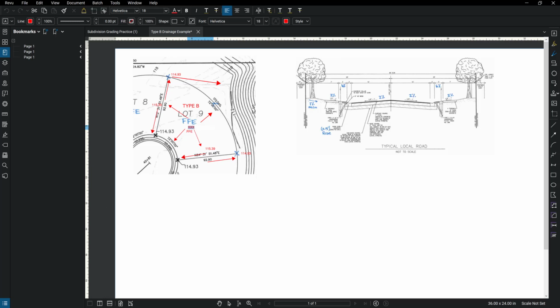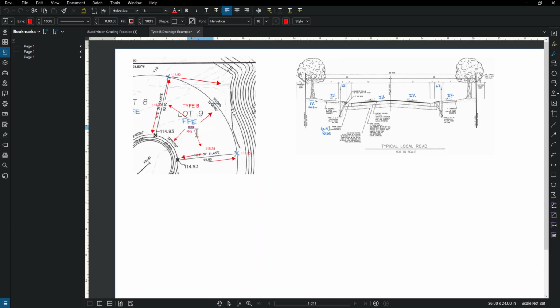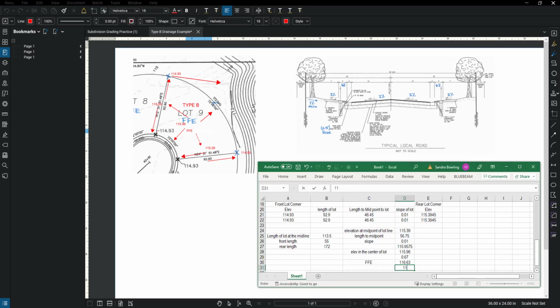I forgot to write that center point in. 115.96. Oopsie. And the finished floor, move this over here, is going to be 116.63.